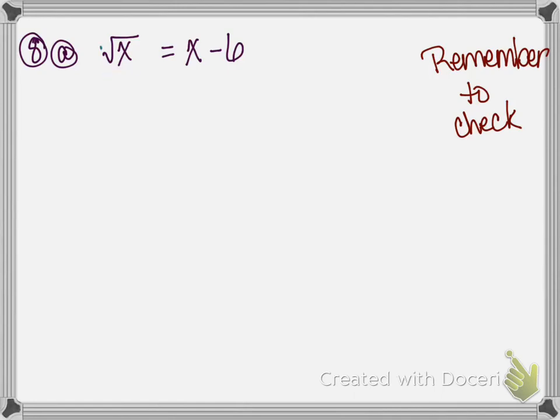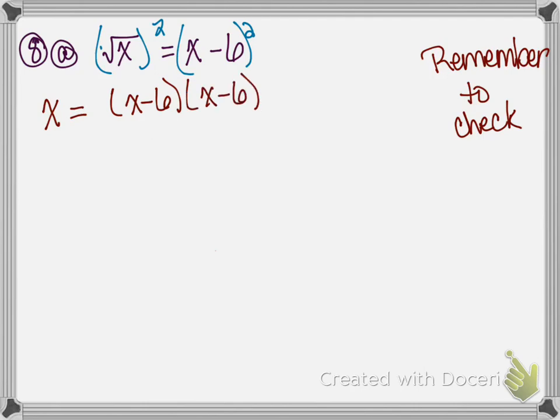So the way that we solve this is we square both sides. Okay? We're going to square both sides. And it's not a very pretty squared, so let's do that. So when I square the square root of x, I'm left with x. When I square x minus 6, I have to FOIL that. So that's going to be x minus 6 times x minus 6.